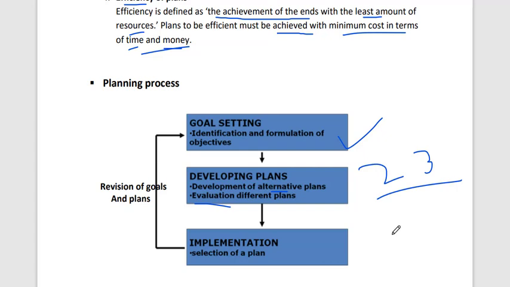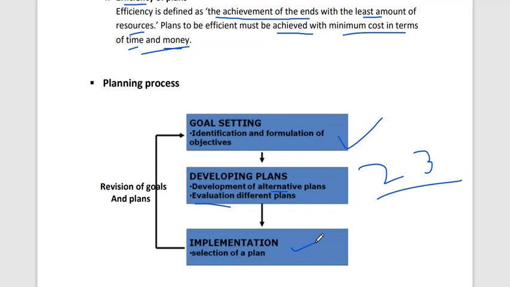After goal setting, we make different alternative plans, and we have to evaluate whether this plan will be time consuming, money consuming, or resource consuming. For the different plans we have to evaluate them, choose one plan, and then implement that one plan, and make the work according to that one plan.